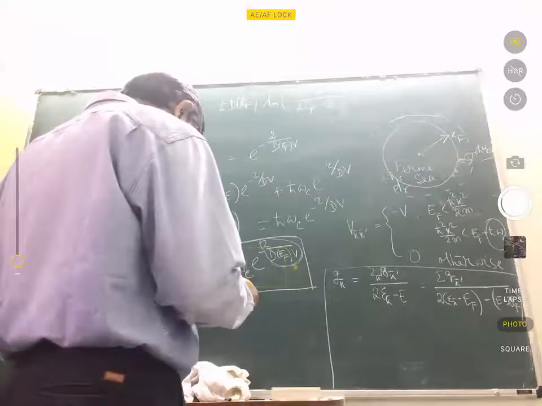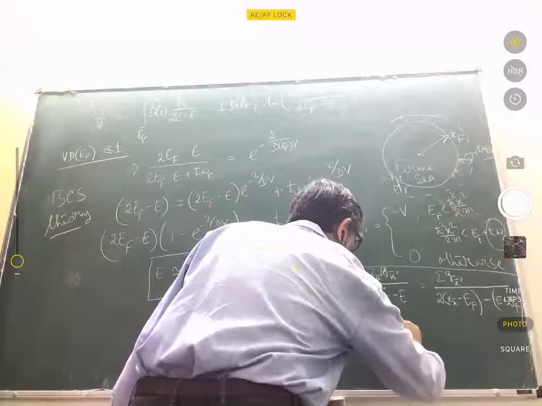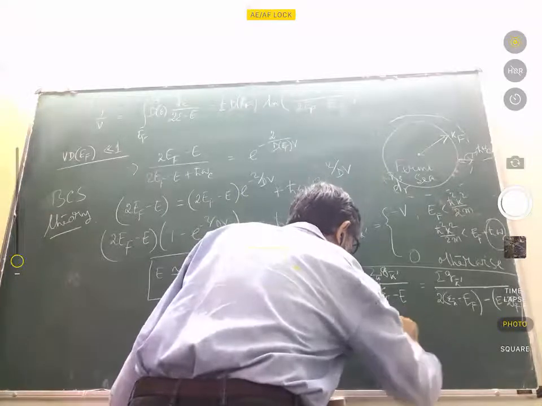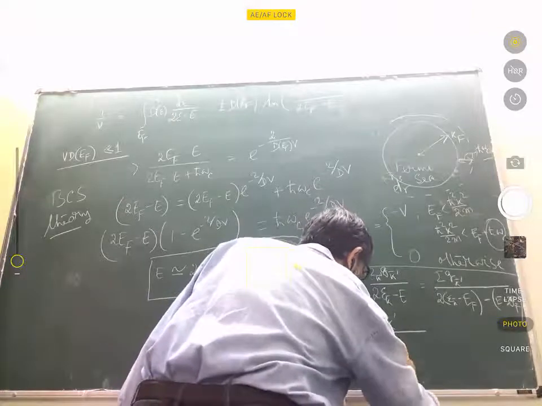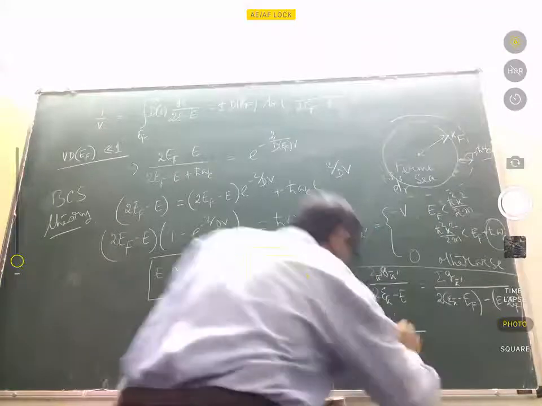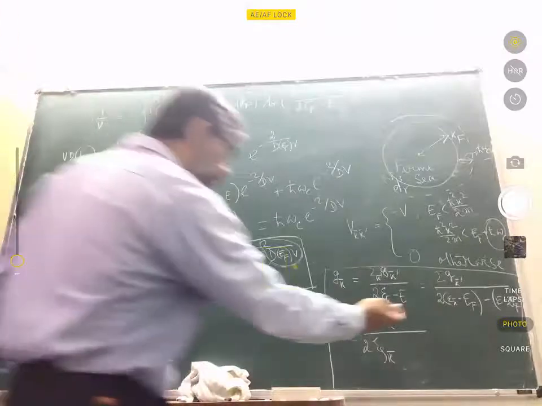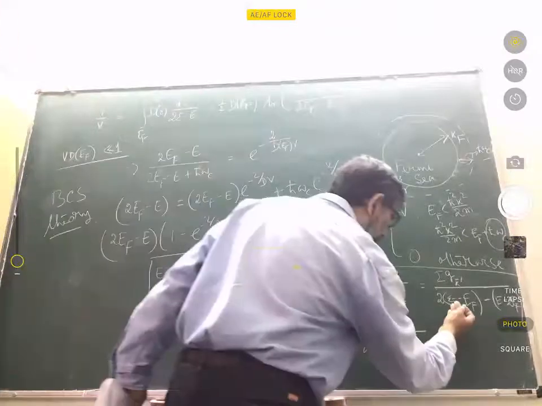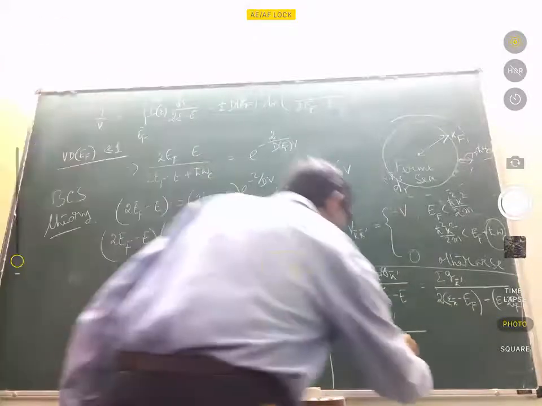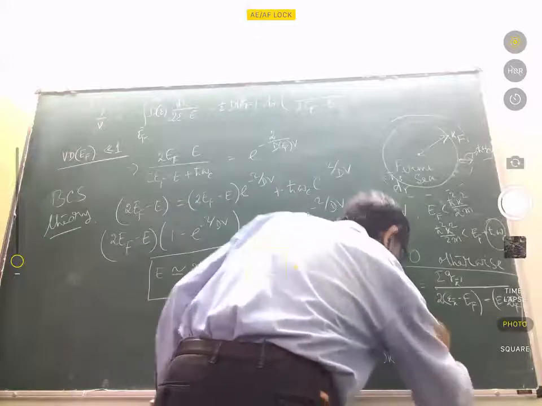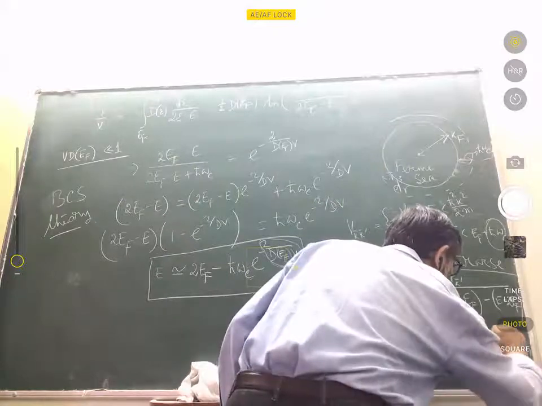So this we write as, so this is a new symbol that we introduce, xi k, which is the free particle energy relative to the Fermi energy, and this is written like this, where E primed is minus.